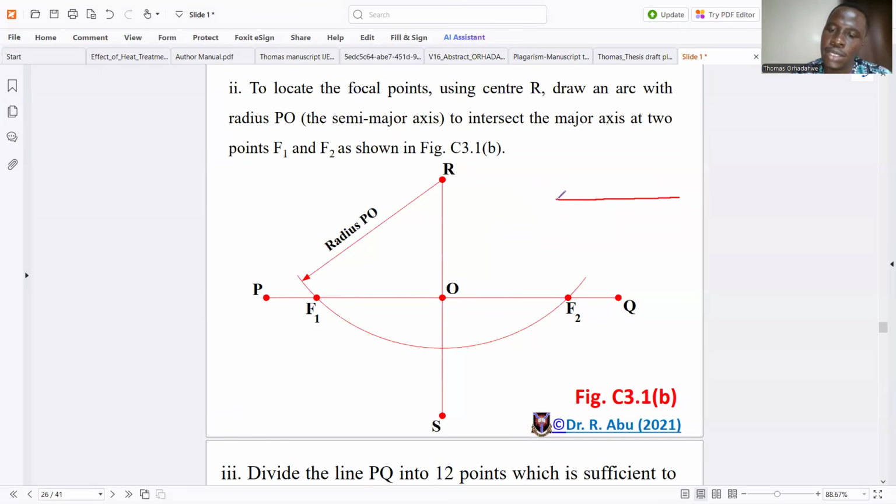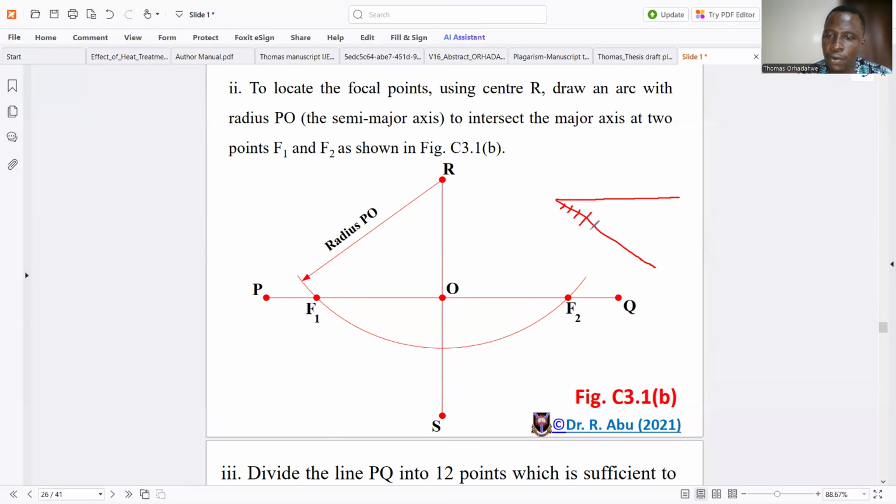The first thing is I will draw another line at any angle to that line, but it should join the beginning of that line. So I open my compass to any radius of my choice, and from here, I cut this point 1. Using it as the next center with the same radius, I cut again. I cut again. I cut again.